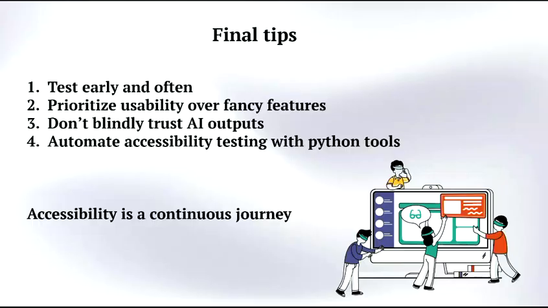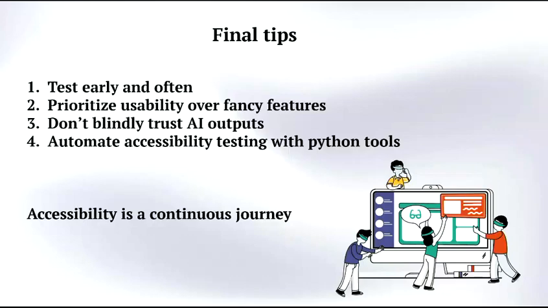Then don't blindly trust AI outputs. I was surprised to build a web page directly out of entering some prompts. It is good, but it might not always be inclusive. So double check and try out whether it is inclusive and usable by everyone.